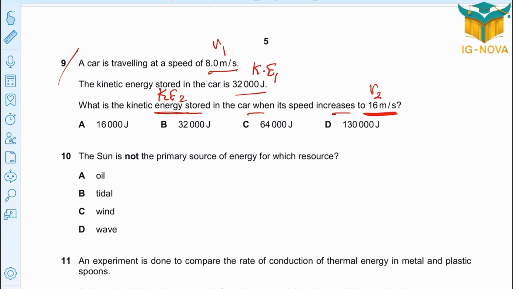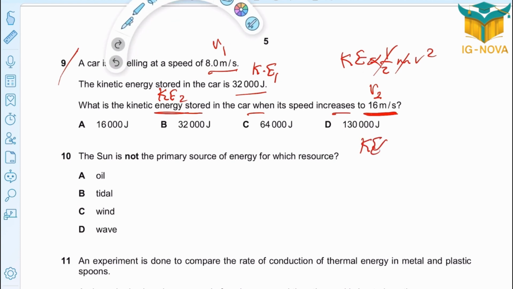So how do we solve a problem like that? See here. From the relation KE equals half mv squared, half is constant, mass is constant, so there is a direct relation between KE and velocity squared.